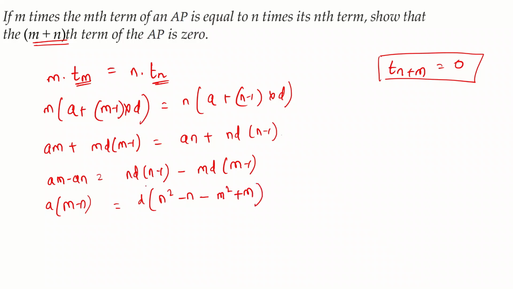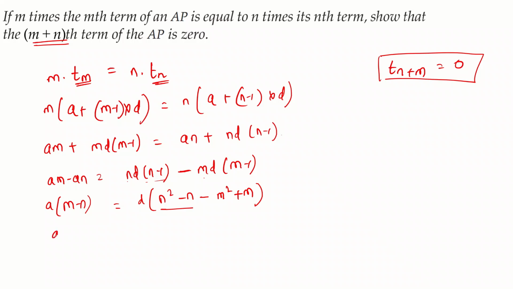Okay, so I have simply jumped a step. I take d common, I get n times n minus 1, which is n square minus n, and I get minus m times m minus 1, so it is m square minus m, but I have also multiplied with this minus, so I have jumped some steps. If you are not understanding, give it a try, write down 2-3 steps more and make yourself understand.